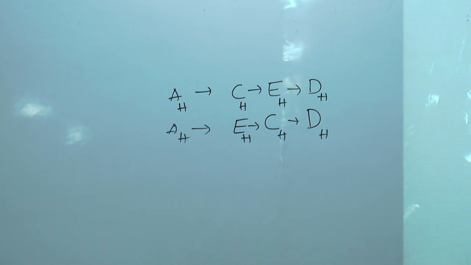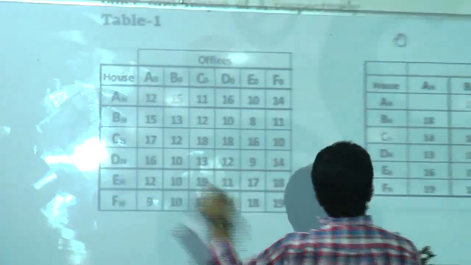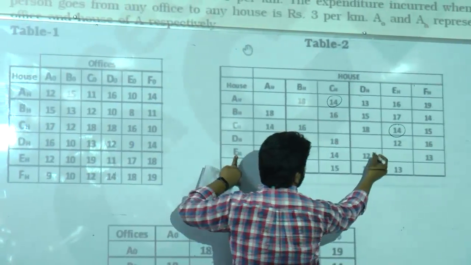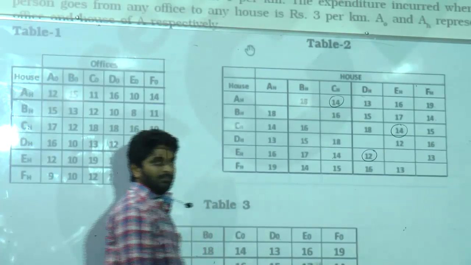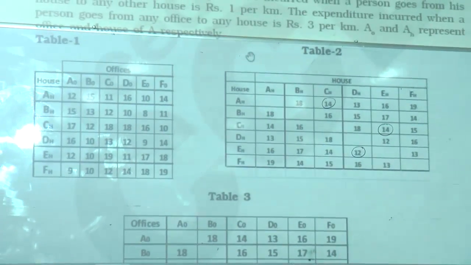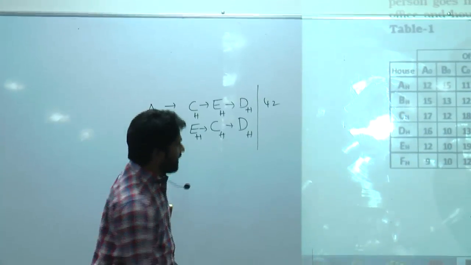From C house to E house, how much? 14. From E house to D house, how much? 12. How much so far? You will get 40 kilometers here.